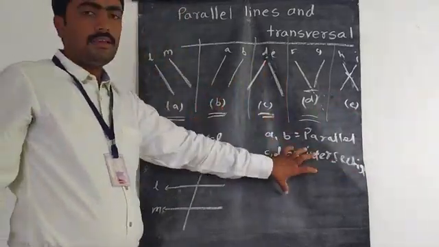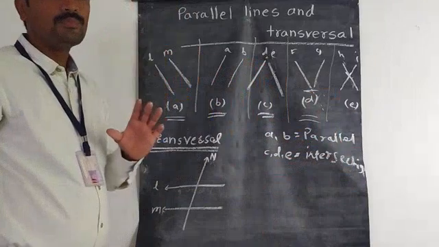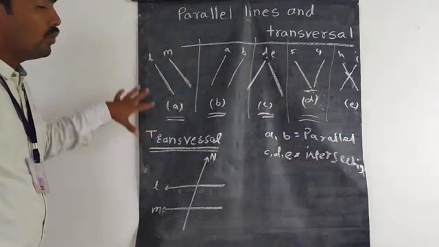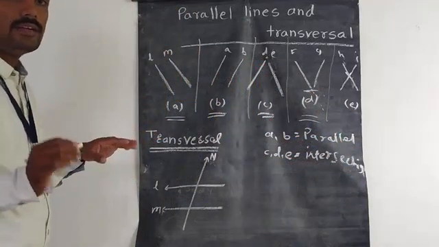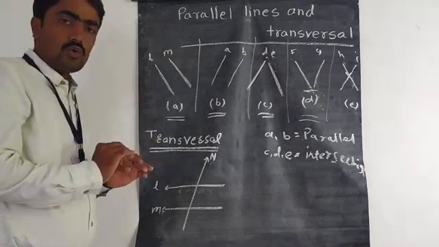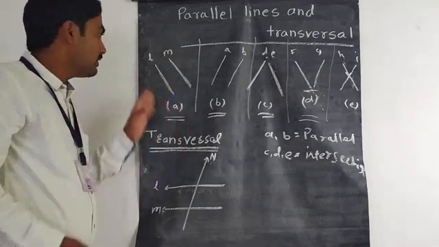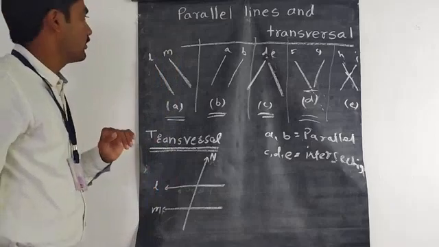Now these two points, parallel lines and intersecting lines, are covered. Now how will you write in your notebook or in the examination that these two lines are parallel lines?